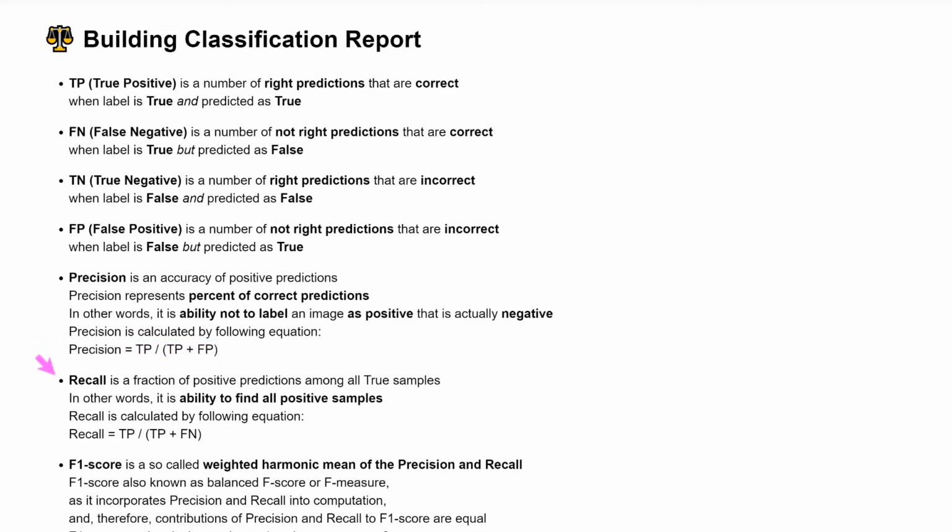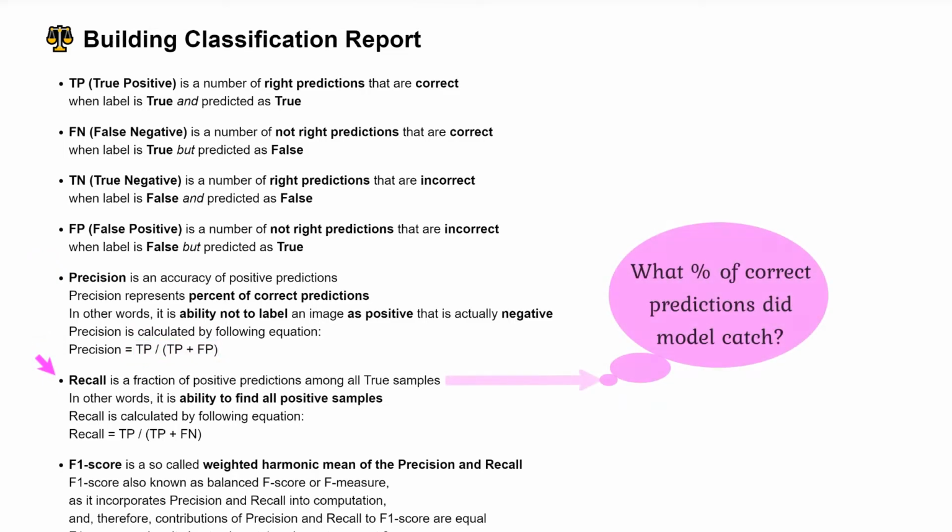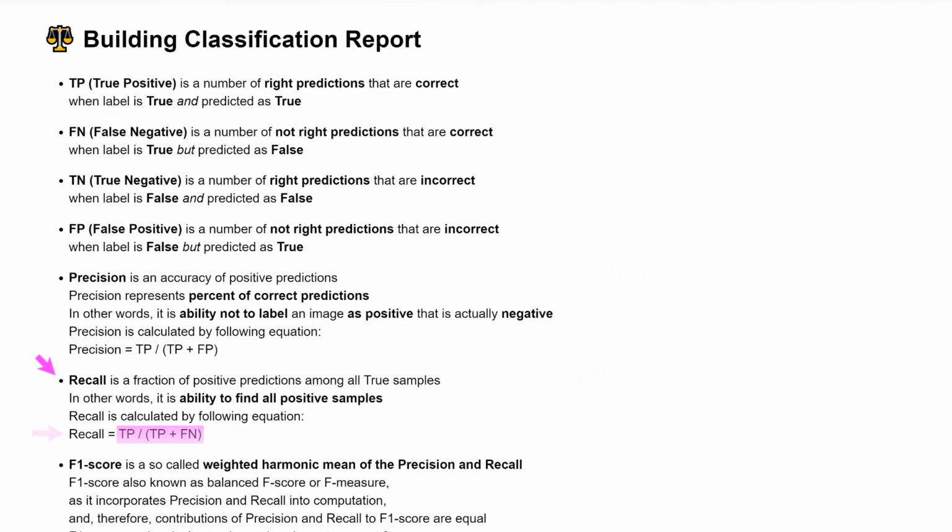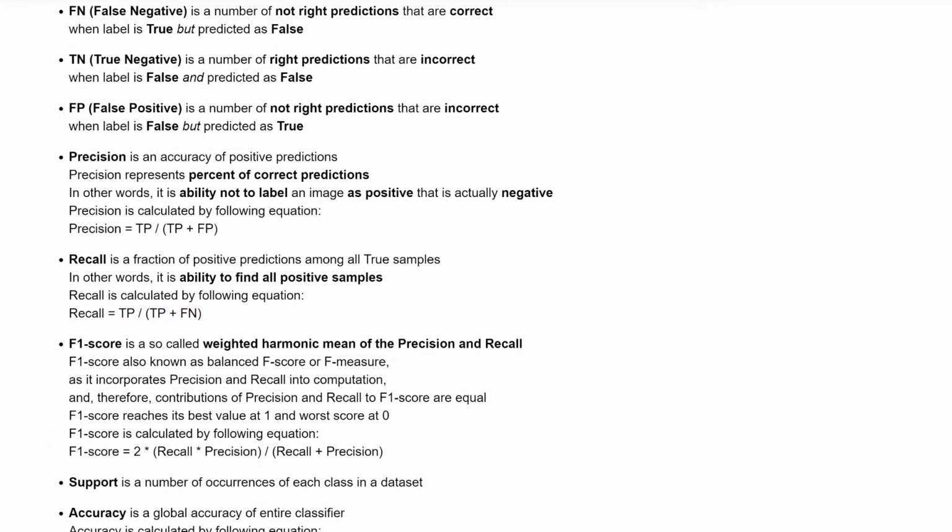Recall answers the following question: what percent of the correct predictions did the model catch? In other words, it shows the ability of the model to find all positive samples. Recall is defined as the ratio of true positives to the sum of true positives and false negatives.